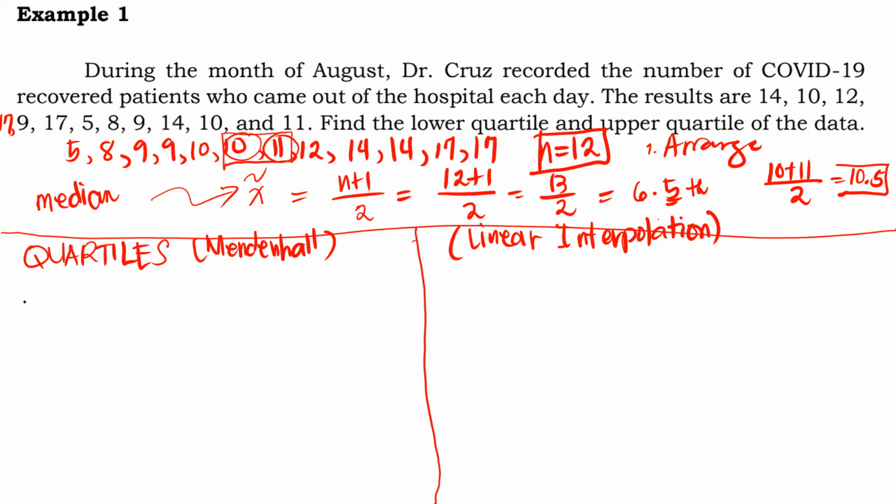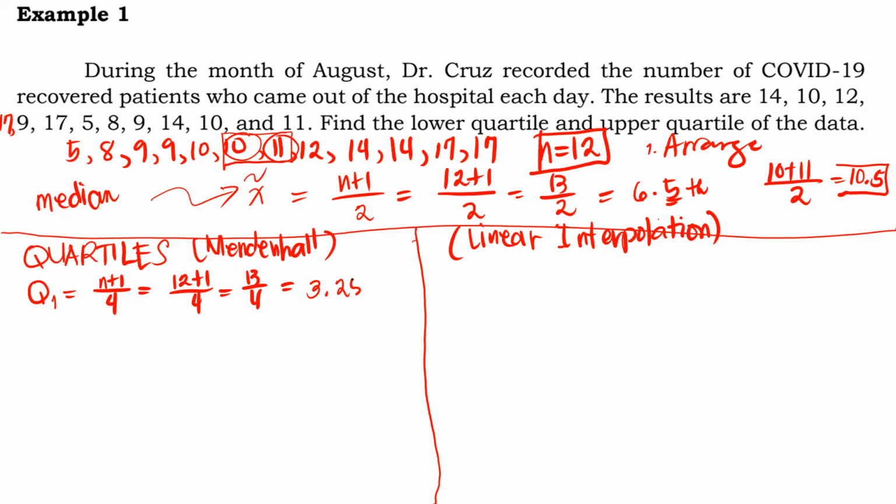So, yung first quartile natin, as you can see, that is n plus 1 divided by 4. So, ang n natin ay 12 plus 1 divided by 4. So, that's 13 divided by 4. Ano po yung magiging answer natin dito? 13 divided by 4. 3.25.